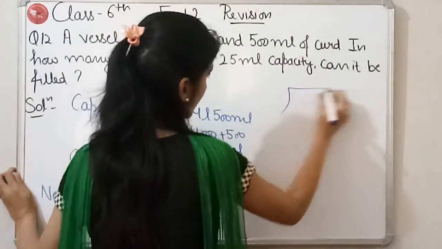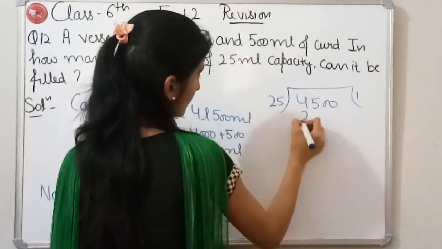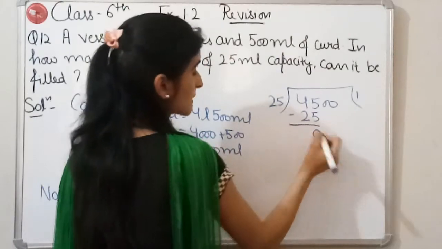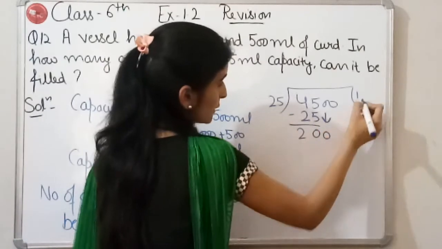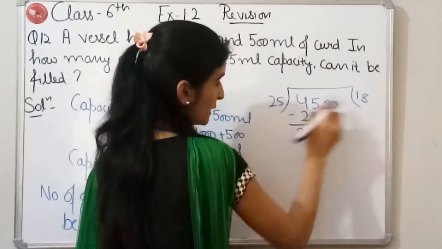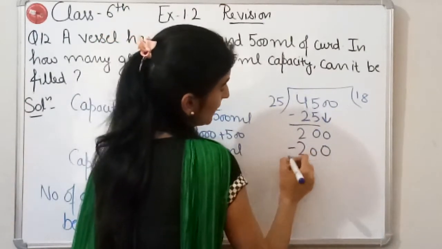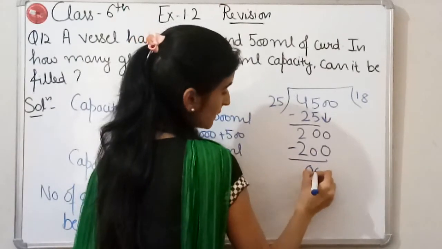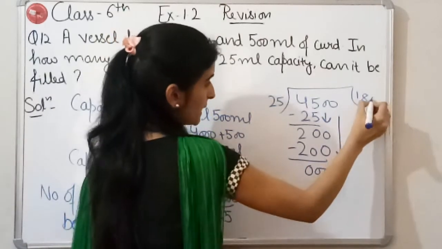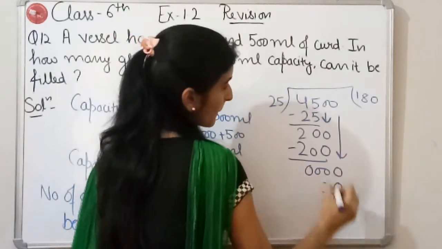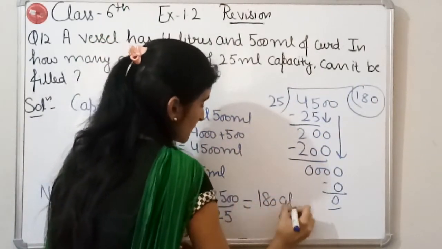So here I am going to divide. 25 ones are 25, 5 minus 5 is 0. 4 minus 2 is 2. 25 8s: 8 5s are 40, 8 2s are 16, 16 and 4 is 20. So 25 8s are 200. So it is completely divisible here. Then the next digit is 0. So 25 zeros are 0. So it means we can fill 180 glasses.